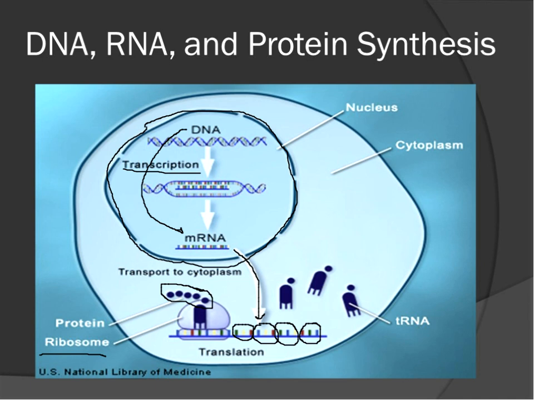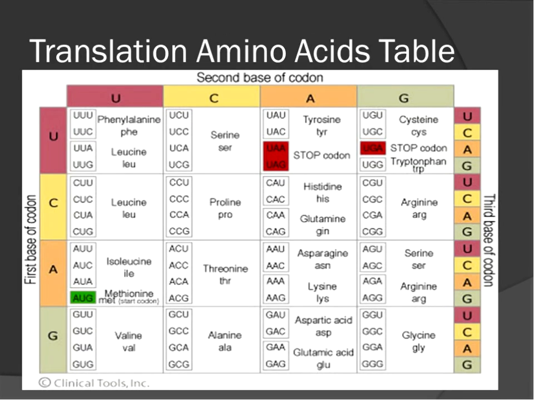So the whole point is transcription, where you start with DNA, you make the code, which is messenger RNA, and then step 2, translation. Now the code is going to get translated to build the protein. Transcription happens in the nucleus. Translation happens in the cytoplasm.